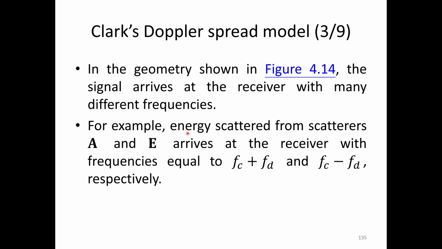For example, energy scattered from scatterers A and E arrives at the receiver with frequencies equal to Fc plus Fd and Fc minus Fd respectively.